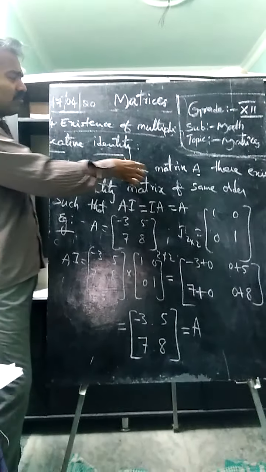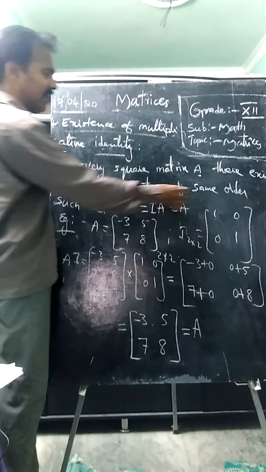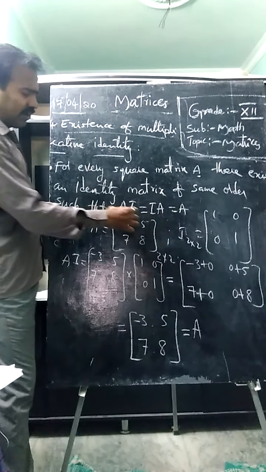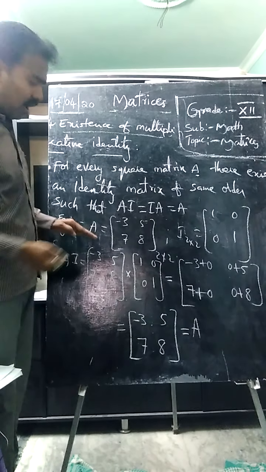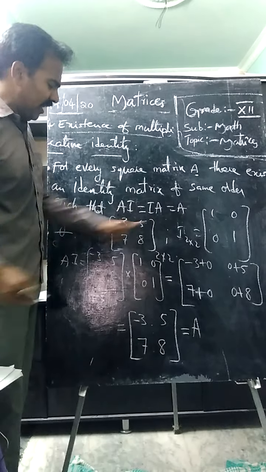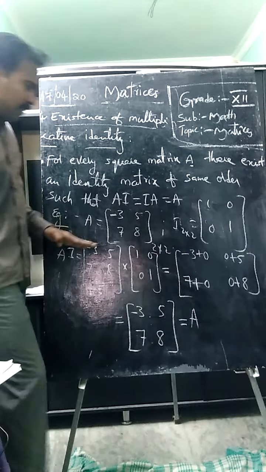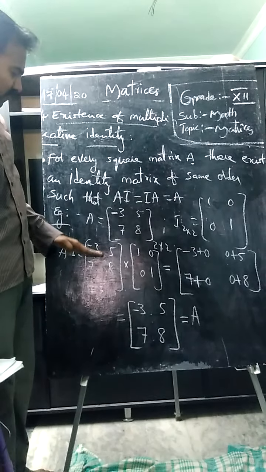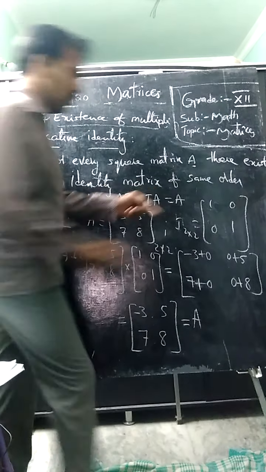Yes, for every square matrix A, there exists an identity matrix of the same order such that AI equals IA equals A. So let us take one matrix A as [-3, 5; 7, 8] and the identity matrix I as [1, 0; 0, 1]. When we multiply these two, multiplication is possible, 2 by 2 with 2 by 2.